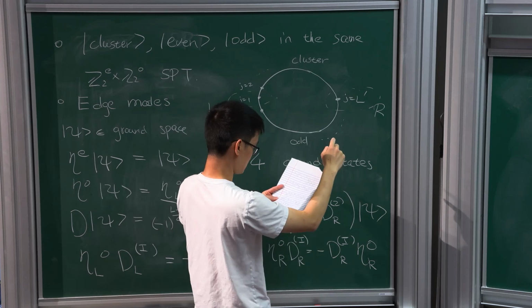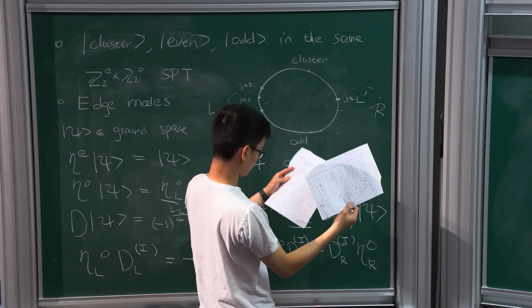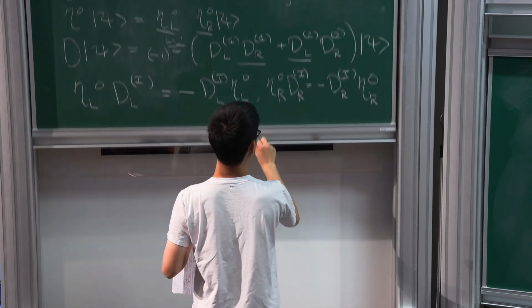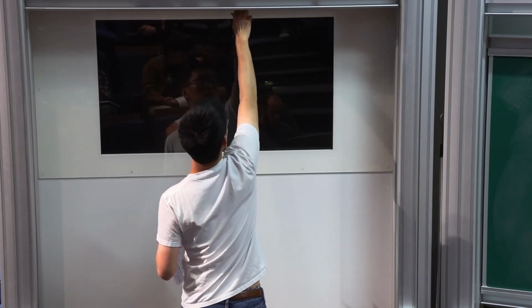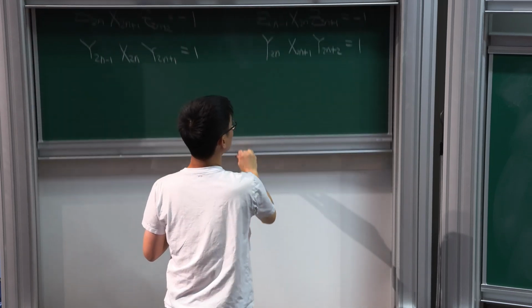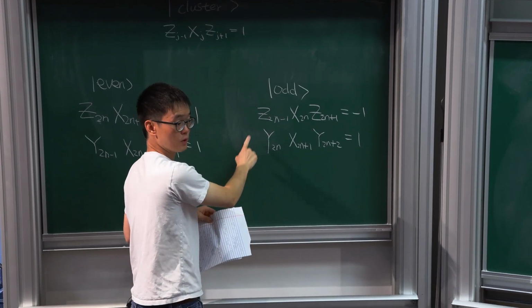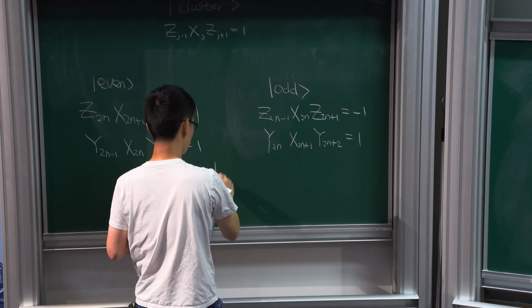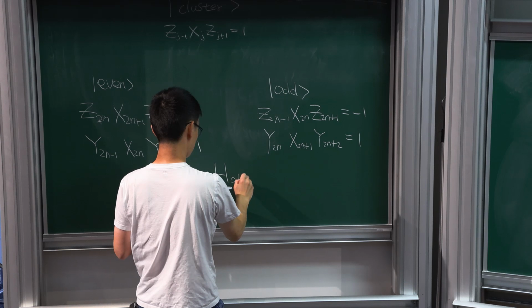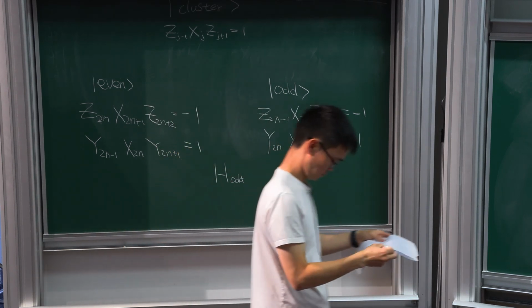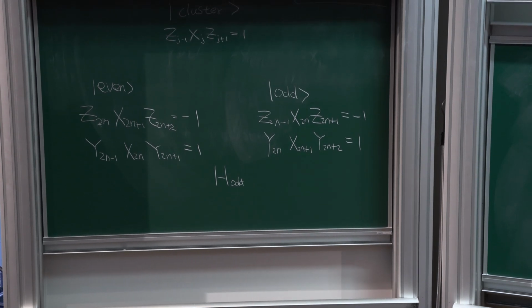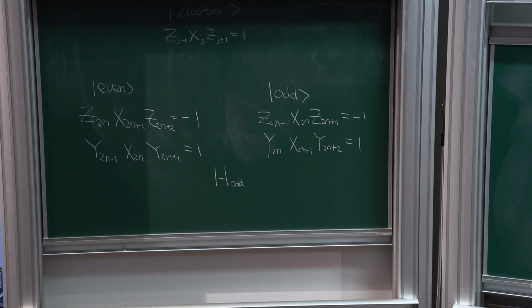In this region, let me first describe the Hamiltonian for the R state. So I have it here.